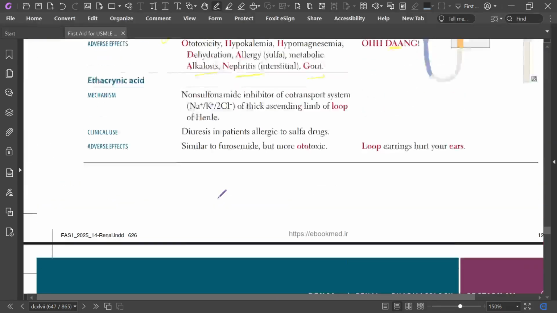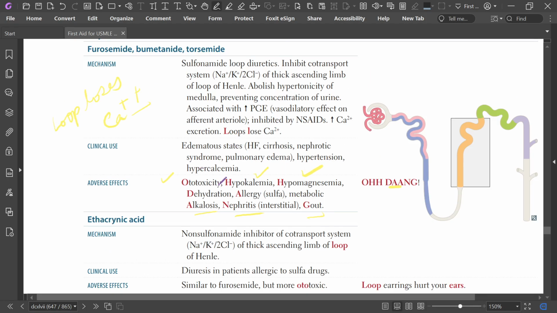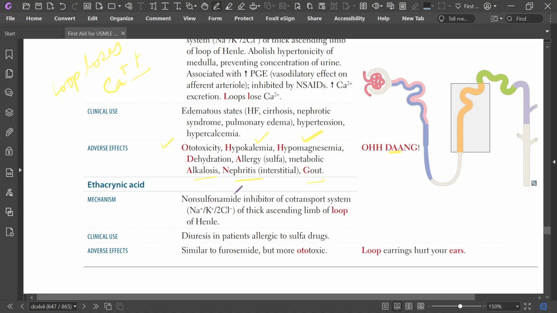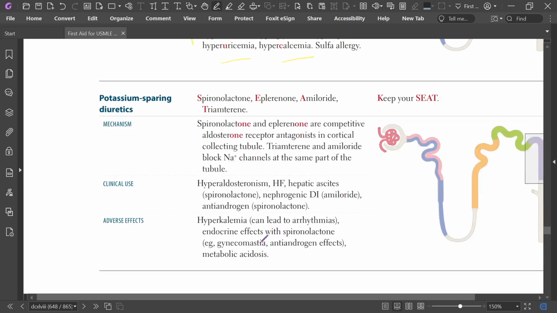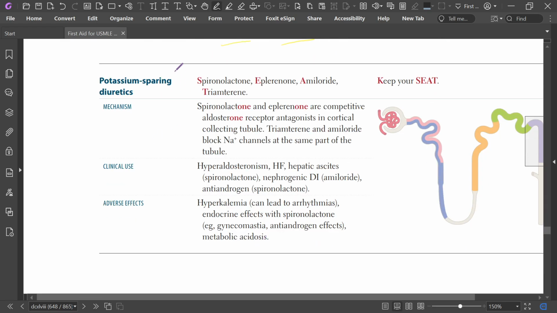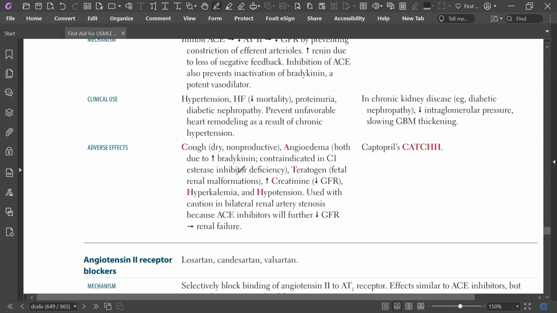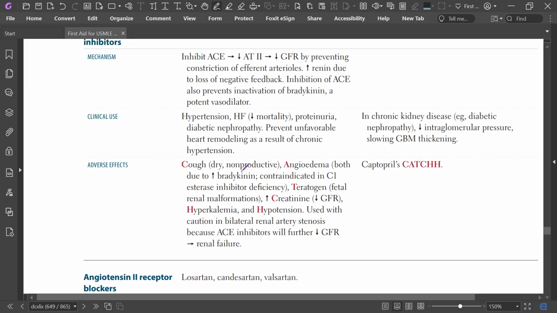Both thiazide and loop cause hypokalemic metabolic alkalosis. So this is ODANG and this is HyperGLUC. And the other two are the potassium sparing diuretics: spironolactone, eplerenone, amiloride, and triamterene. There is no mnemonic here. ACE inhibitors, you don't need a mnemonic to remember.